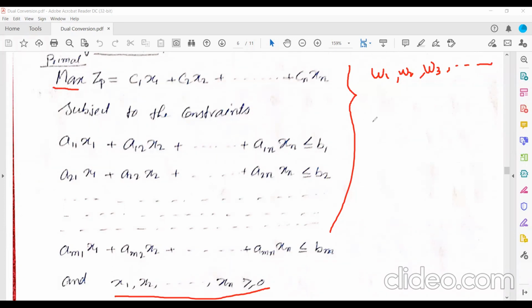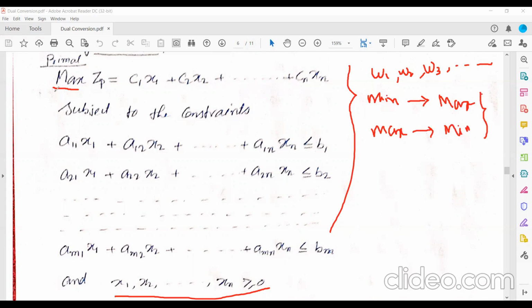As I already told you, if your primal is a minimization problem, then its dual will be a maximization problem. And if your primal is a maximization problem, then its dual will be a minimization problem. You need to know this.